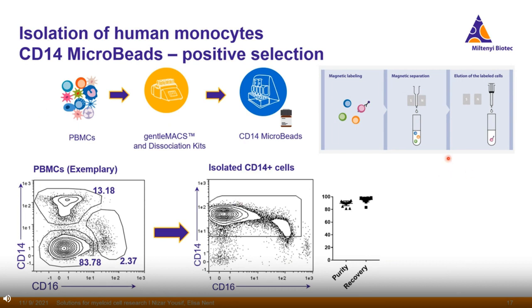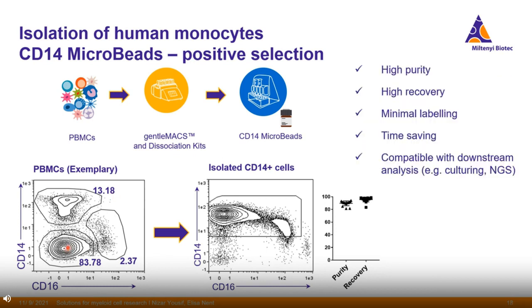Positive selection means that during separation, monocytes are magnetically labeled and remain retained within the column, while unlabeled cells flow through. After a washing step, the column is removed from the magnetic field of the separator and target cells are eluted from the column.